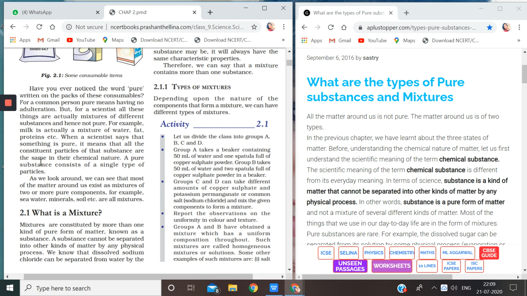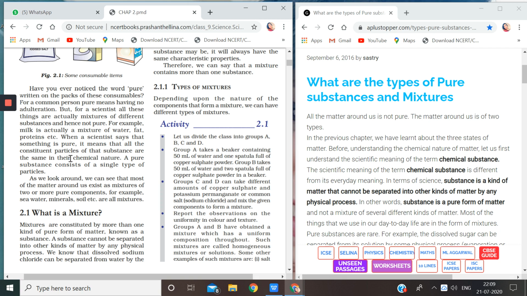So, a pure substance consists of a single type of particle. These lines are the actual explanation of a pure substance. I hope you have understood that a substance is considered pure only if it contains particles which have the same chemical nature.